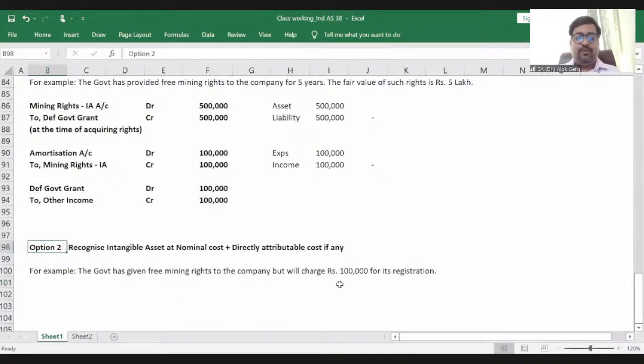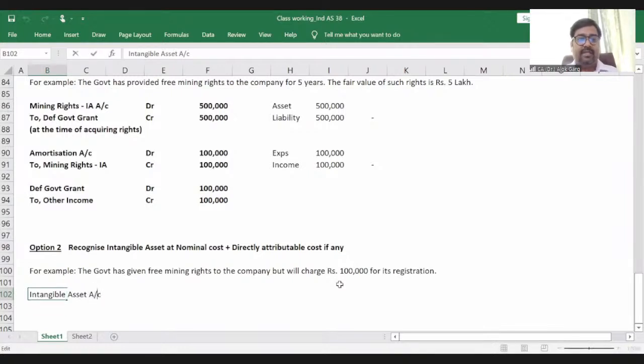In this case, going by option number 2, you have option number 1 as well, right? But going by option number 2, what is the nominal cost? The nominal cost is 1 rupee. Let's say the nominal cost is 0. So in this case, what value can the intangible asset be recognized at?